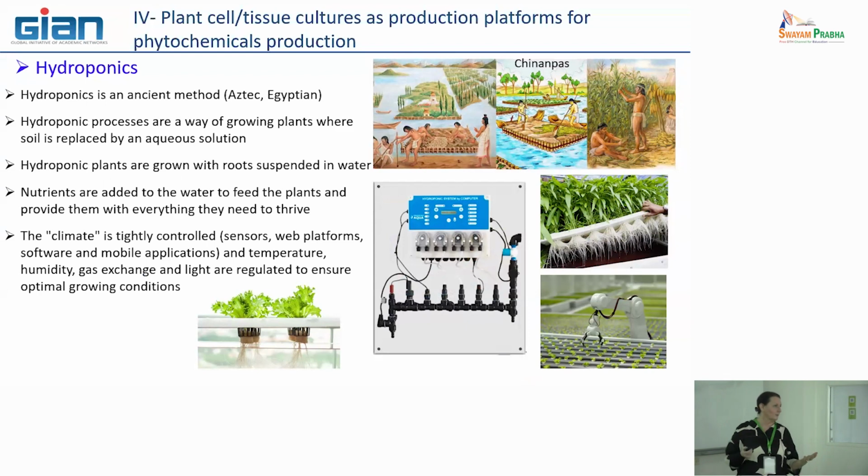without any soil. This is what we call hydroponics, processes where soil is completely replaced by an aqueous solution. Water, obviously, but also water in which you have added lots of nutrients. It is a way to feed plants with what they need, when they need, and how much they need, to be sure that they are in better condition to grow and also to produce organs and molecules in the cells.